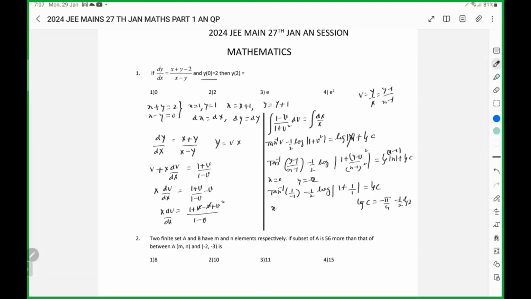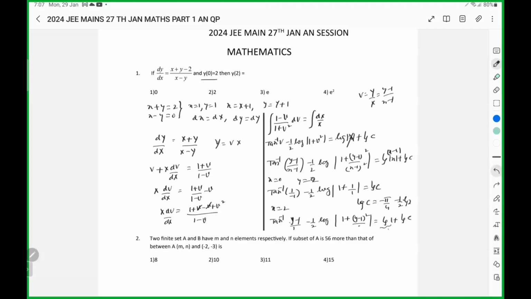Put x as 2. Tan inverse of (y minus 1) by 1 minus half log (1 plus (y minus 1) whole square) is log of (2 minus 1), which is log 1, plus log c.